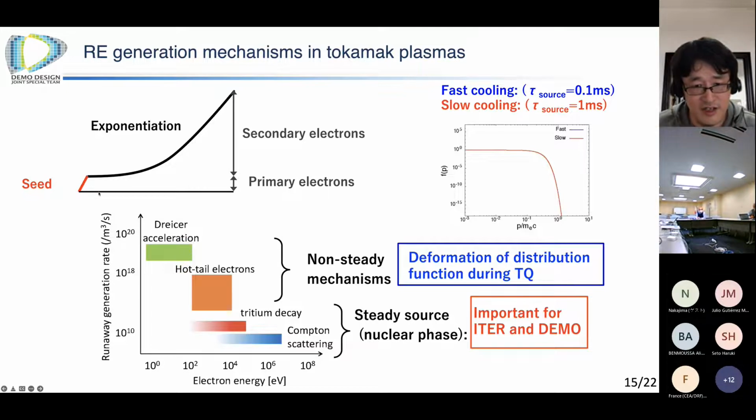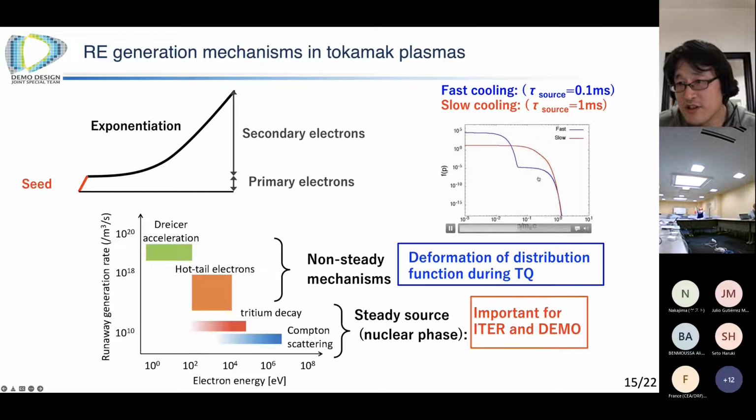For example, the Dreicer acceleration is well known, and not only this one, there's some transient deformation of the electron distribution function that can trigger the seed electron, the so-called hot electron. I can illustrate this here. When the plasma is cooled very fast due to the introduction of impurities, such a significant deformation of the distribution function occurs.